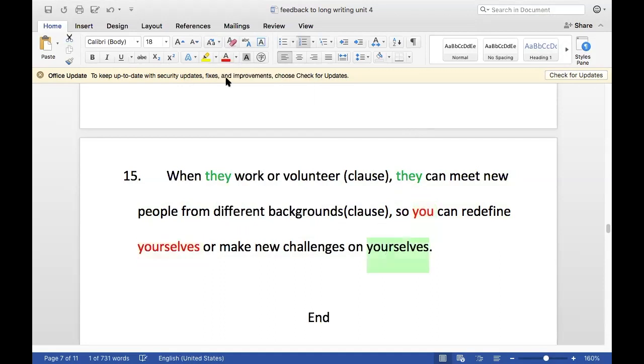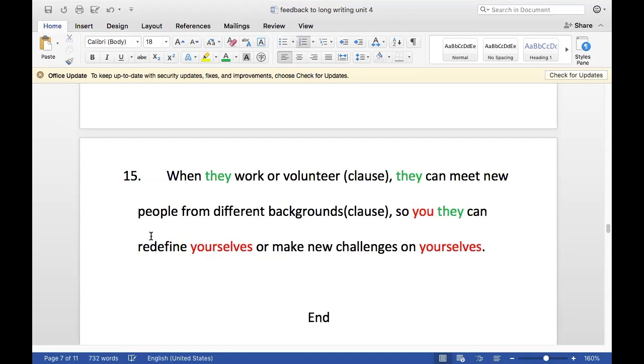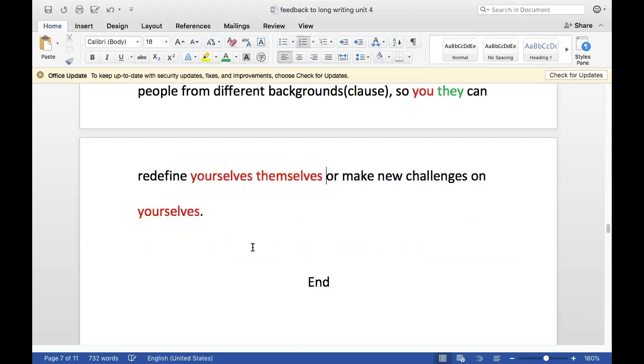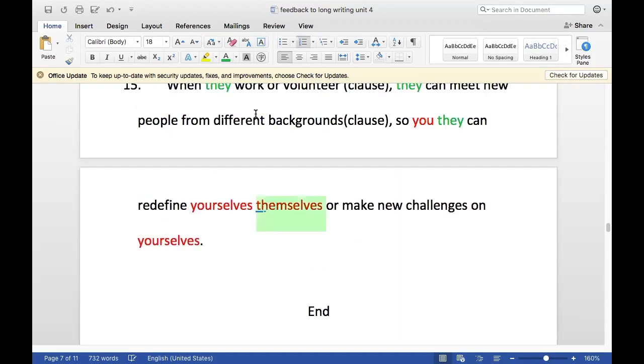So better just change them all to they, themselves, okay? They can redefine themselves, okay? They can redefine themselves. And make new challenges on themselves.